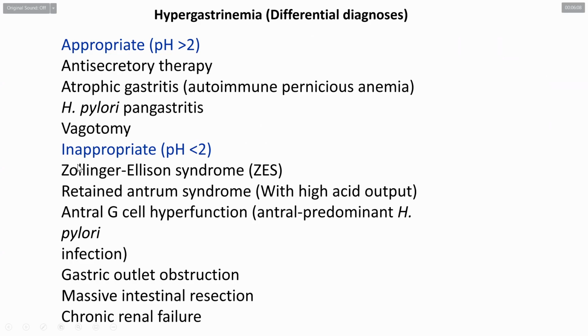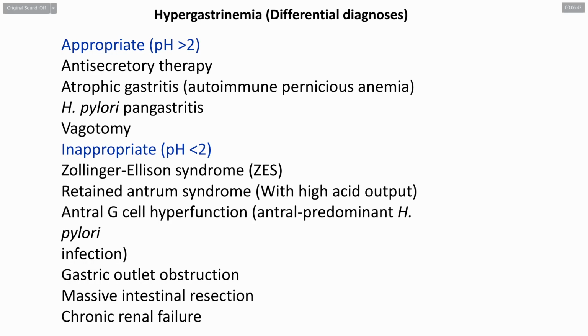All right? Whereas the appropriate hypergastrinemia is most commonly caused by PPIs. Why? Because when you give PPI, what do you work on? The HK ATPase pump. صح ولا لا؟ صحيح؟ When you are taking PPIs, where do the PPIs work?